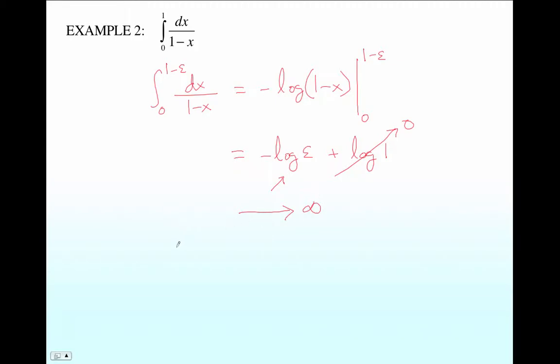In other words, this integral does not converge. Or you could say it does not exist.